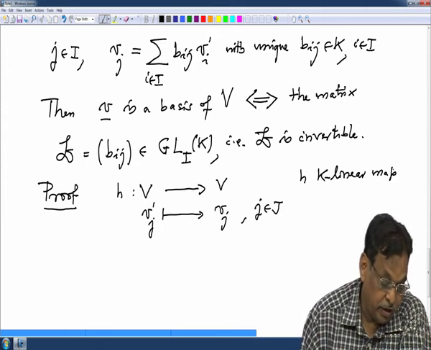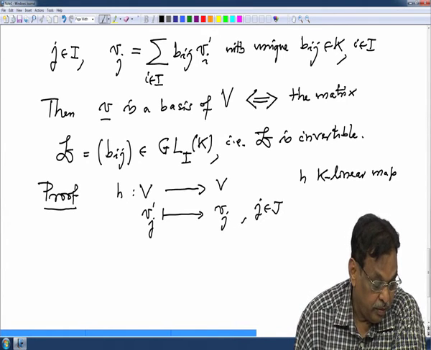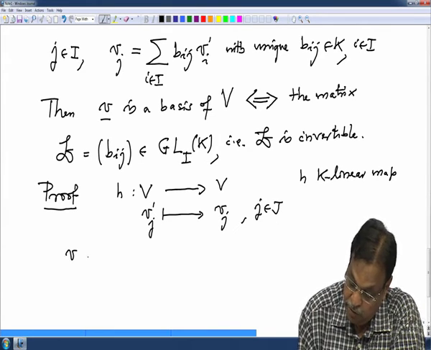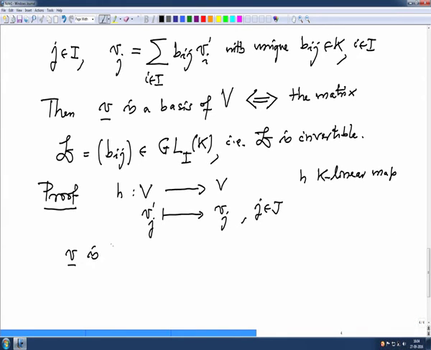And we have seen earlier that V prime is a basis, the image is a K basis of V, if and only if H is an automorphism.